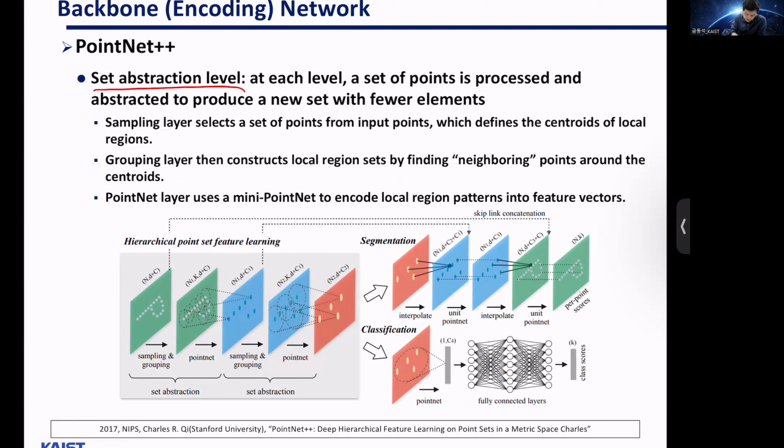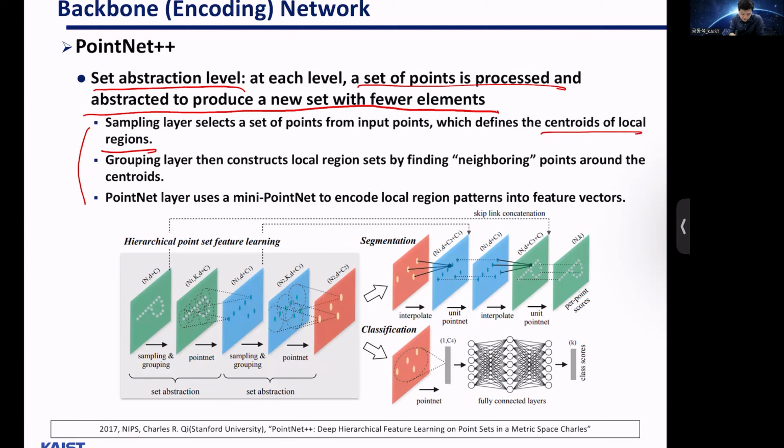So, set abstraction level. At each level, a set of points is processed and abstracted to produce a new set with fewer elements. The sampling layer selects a set of points from input points, which defines the centroids of local regions.